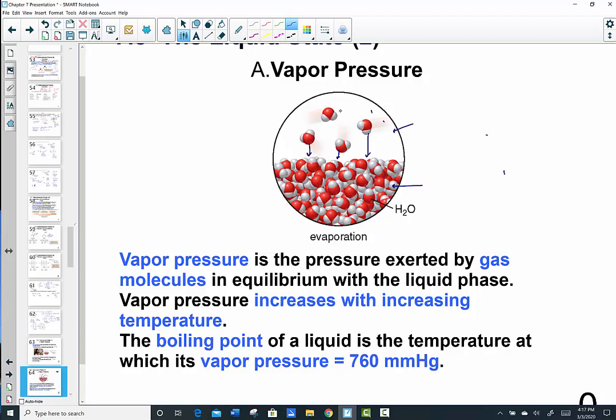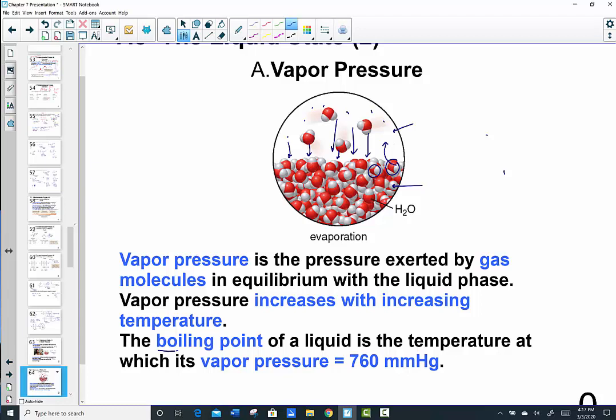The more and more and more gas you have above the surface of its liquid, the more push you would have down, and that would increase the vapor pressure. So as I begin to increase energy of the system by raising the temperature, more of the liquid molecules can escape as a gas, and that's going to increase the vapor pressure.